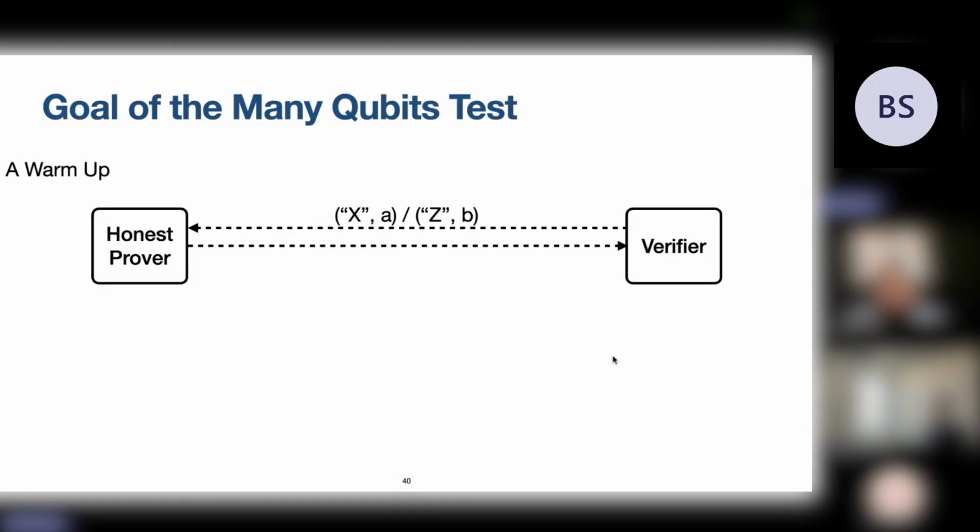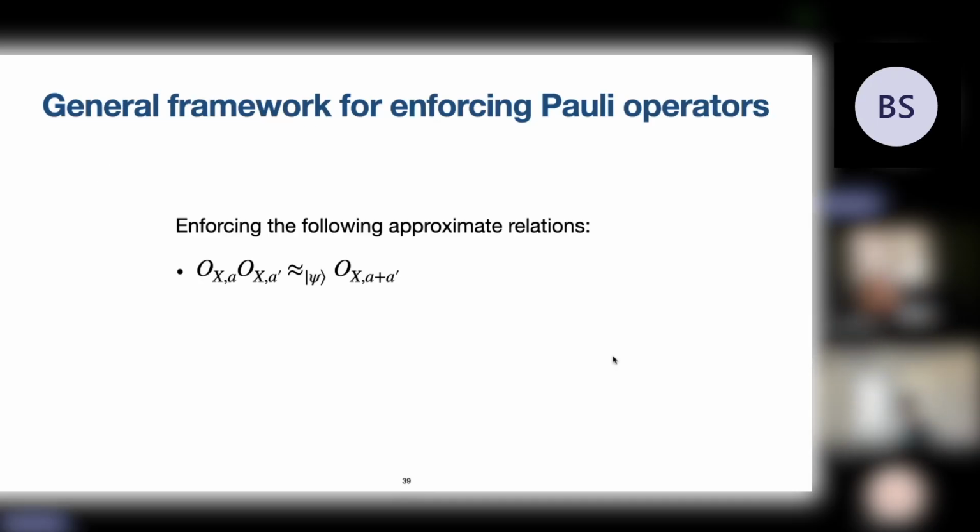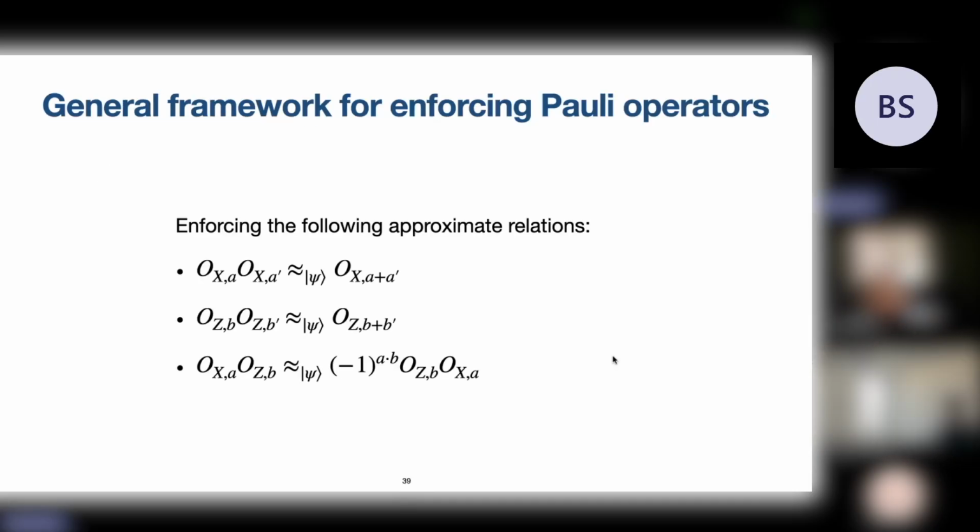Okay. So if you have two provers, say if you want to prove the following approximation relationships, first of all, you need to define what you mean by OX and OZ.